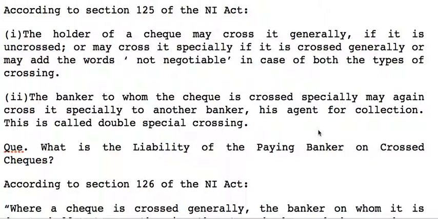So the holder can do it. He can cross a check generally if it is uncrossed, or may cross it specially if it is crossed generally, or may add the words "not negotiable" in case of both types of crossing. So this can be done by the holder.